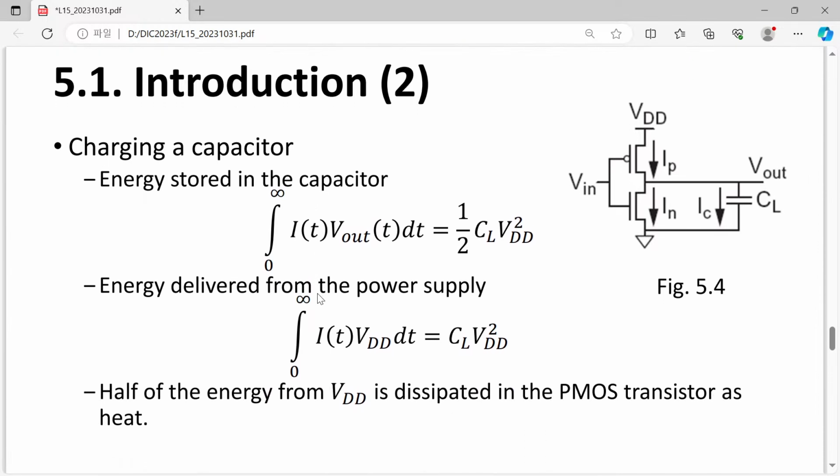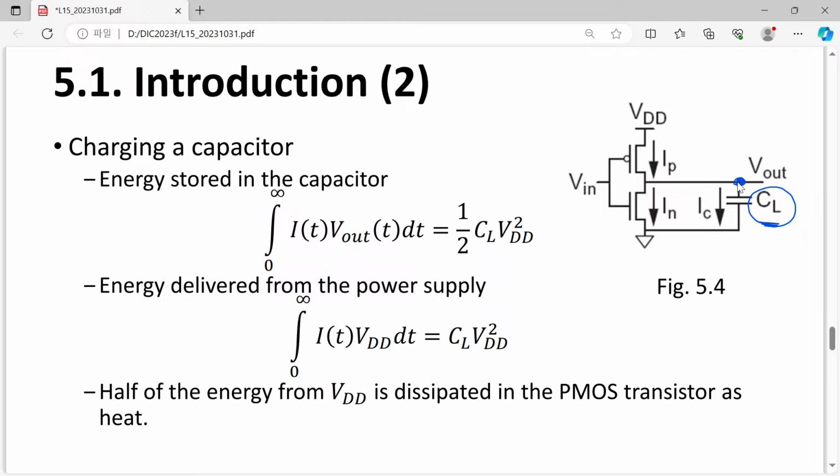Now think about this inverter system. Here we have an inverter, of course, and now we have this capacitor. This is a load capacitor. Now we want to charge this load capacitor.